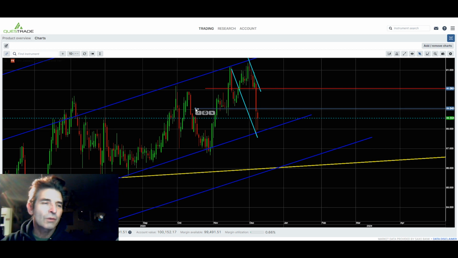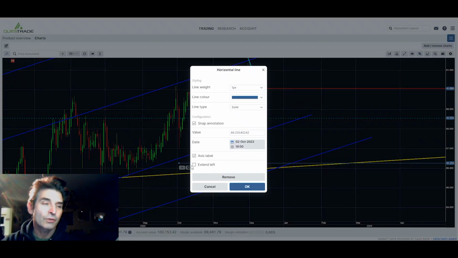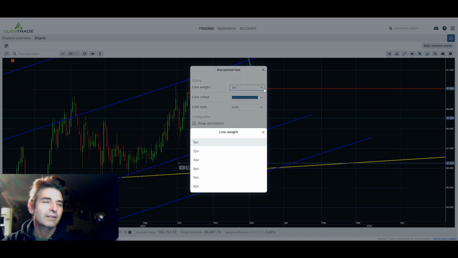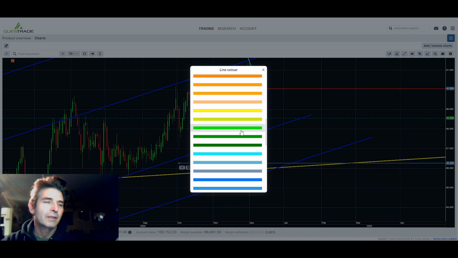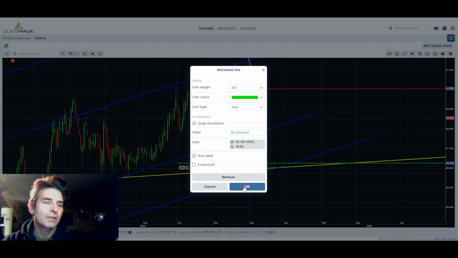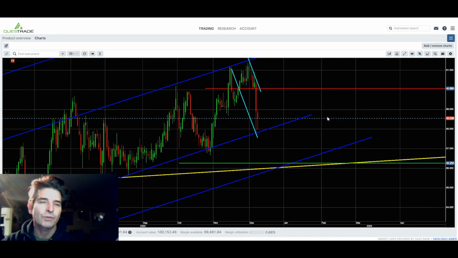Target is going to be the wave 2, the bottom of this wave. We're going to pretend that it's going right to the outside. It gives us a decent risk-reward ratio. So 2 picks, like that. Bright green. Okay, there it is. There's our trade. Sell down to here.